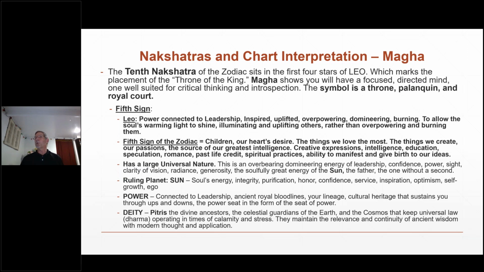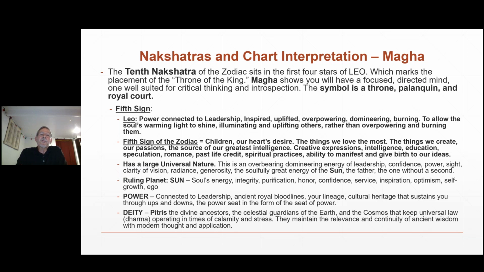It's related to our career, but our career is not our job. It's how we impact the world and what our purpose is in how we do that. And so you can see in that 10th nakshatra that sort of echo of Magha being all about those kinds of things, impacting the world, and how do you do it?